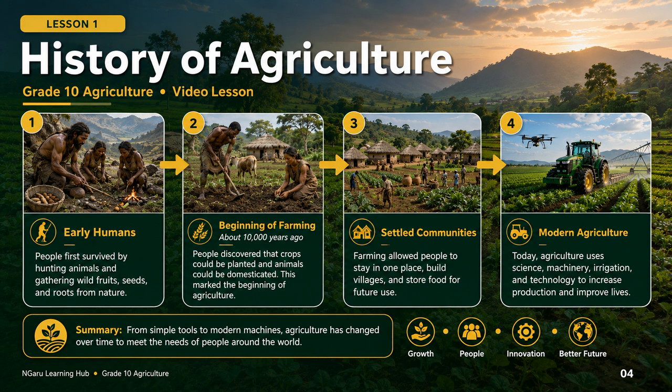This was the beginning of farming. Farming allowed people to stay in one place, build villages, and store food for the future. Today, agriculture uses science, machinery, irrigation, and technology to increase production and improve lives.